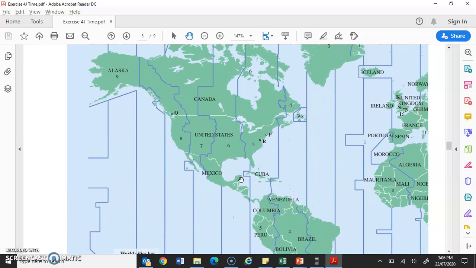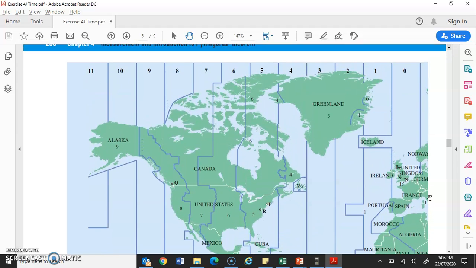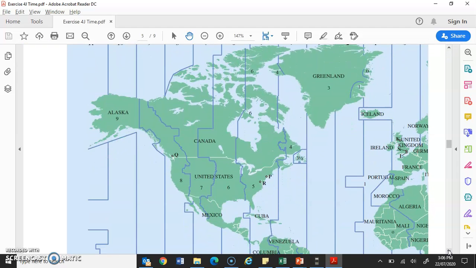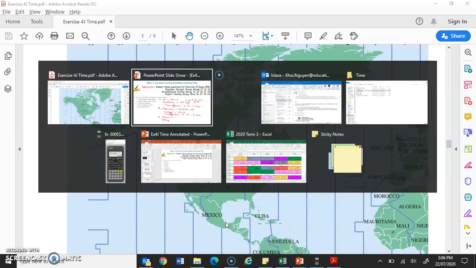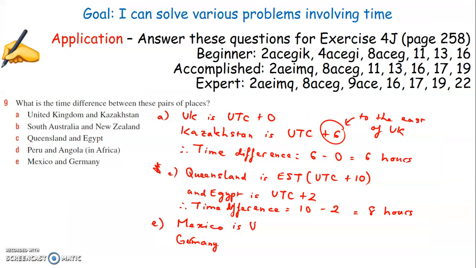So you can see here that Mexico is in time zone 6. You can also see that Mexico is to the west of the United Kingdom. So that means that it is UTC minus 6. Okay, so it's behind the UK time. So it's 6 hours behind the UK.